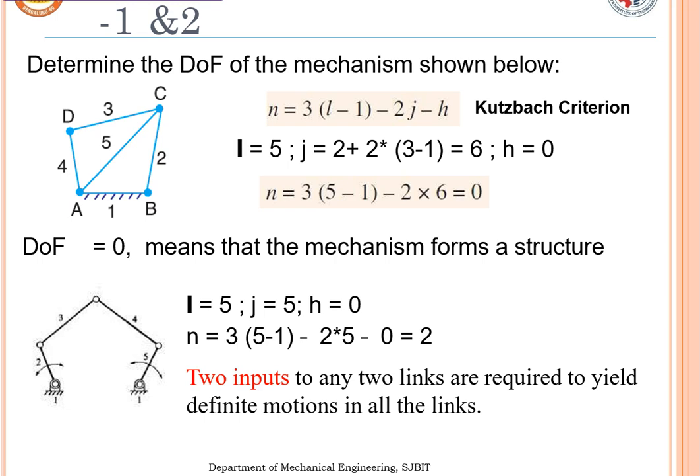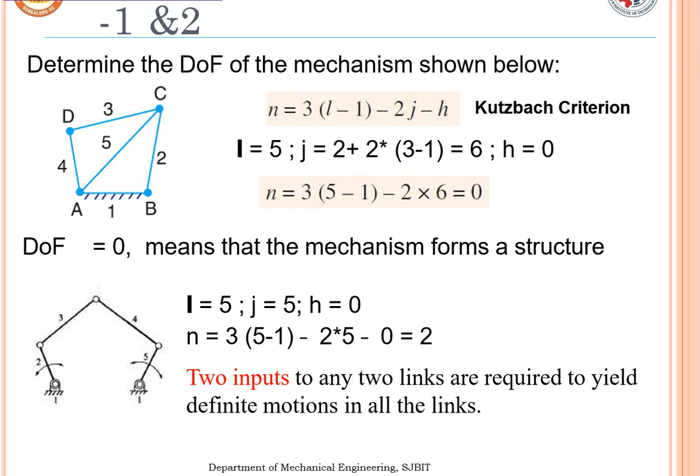Counting 1, 2, 3, 4, and the fifth joint, J is equal to 6. The number of higher pairs is 0. Substituting in the equation, n is equal to 0. So degree of freedom equal to 0 means the mechanism forms a structure.